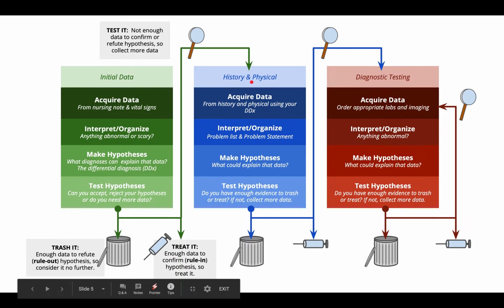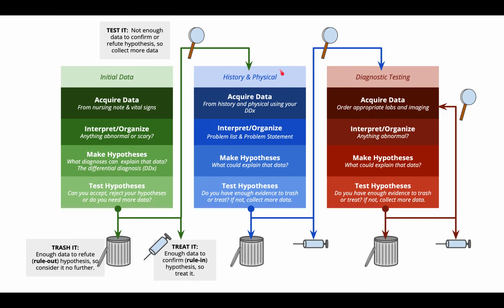And so then we get some more information, and some more information we can get can come from the history and the physical. Again, we acquire data, interpret and organize it, like by making problem statements. We make hypotheses, what is our differential diagnosis, and then we test those hypotheses again using how likely it matches an illness script, perhaps, right?